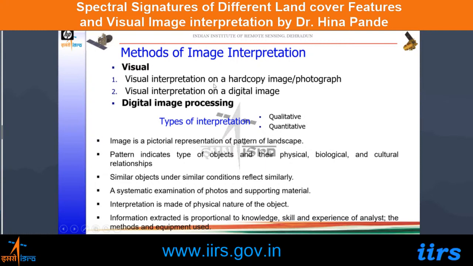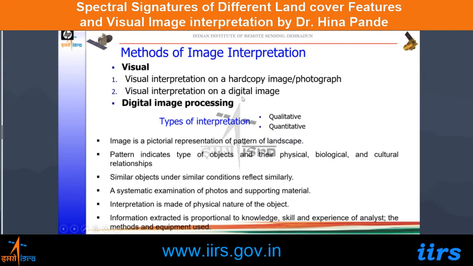This can be done using a hard copy image or photograph and then marking out the features on it manually, or visually interpreting details by displaying a digital image on screen. So I display my image on screen and then visually or manually do the interpretation or labeling.